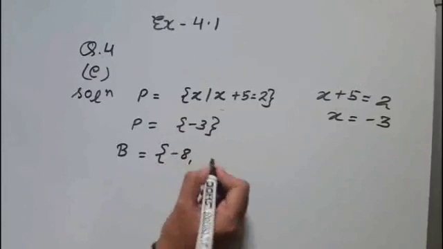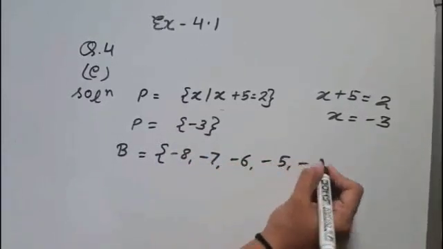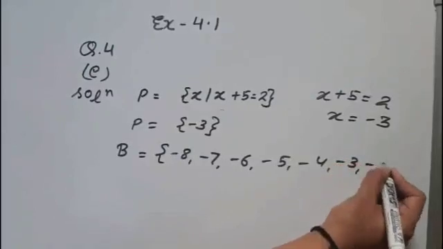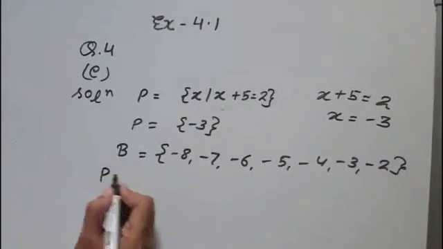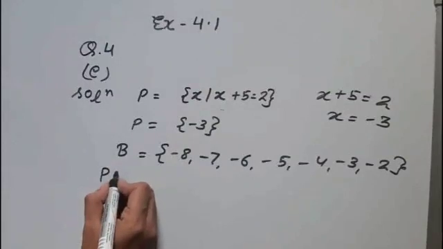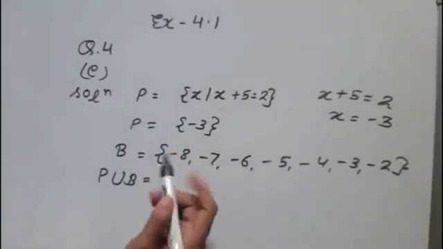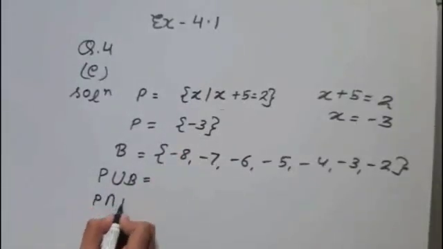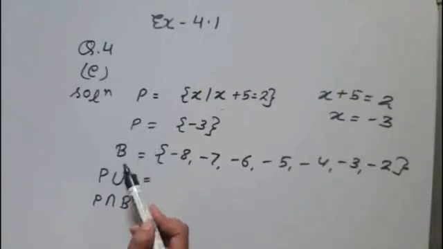So elements are minus 8, minus 7, minus 6, minus 5, minus 4, minus 3, minus 2. Now I hope you can write P union B by including all the elements of these two sets, and P intersection B by writing the common elements of these two sets P and B, and you will get your answers.